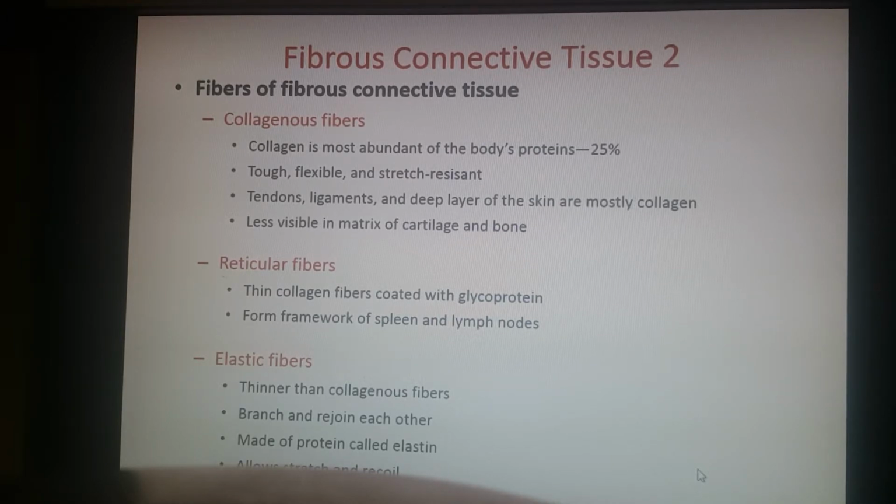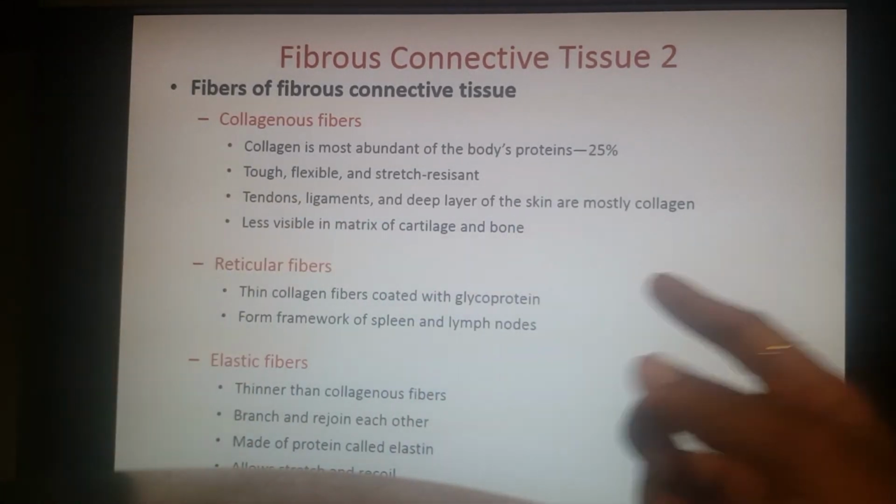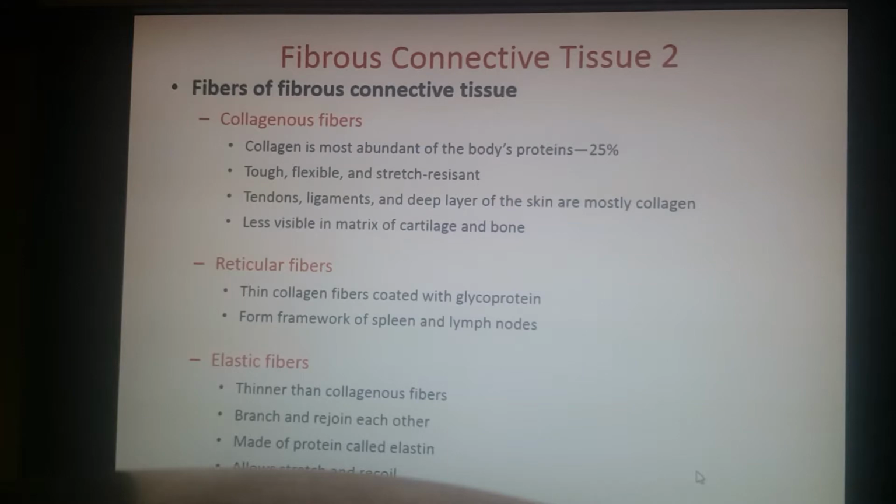The last type of fiber is our elastic fibers. They're thinner than the collagenous fibers. These fibers branch off and then rejoin each other to form a kind of stretchy network. The protein for them is called elastin, and again allows things to stretch and recoil.